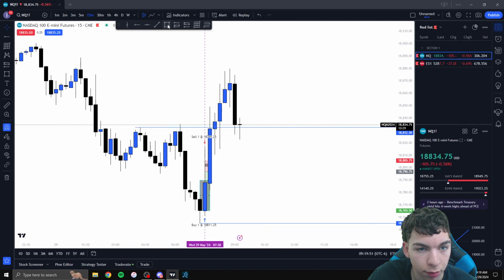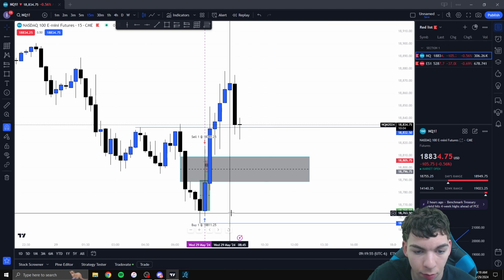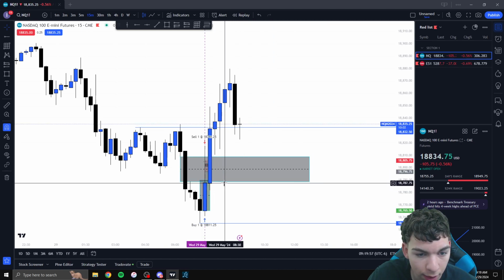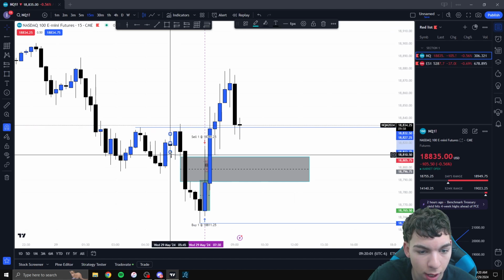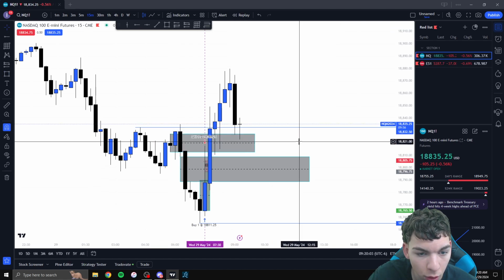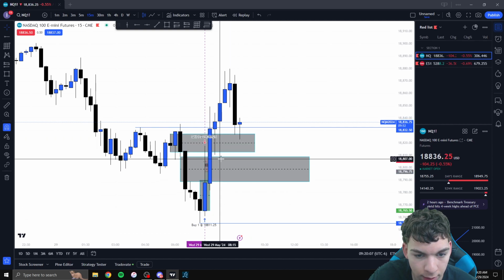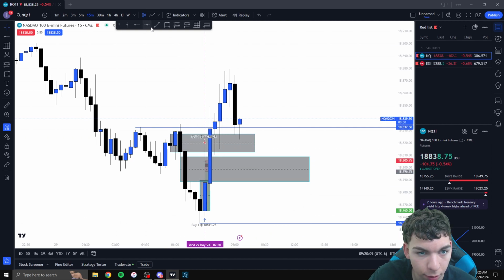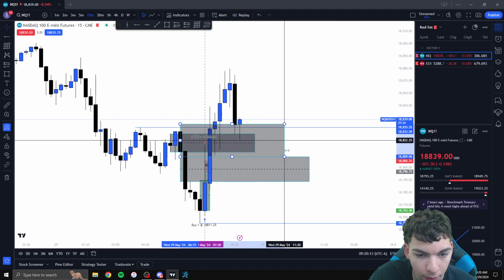I can mark it on the 15-minute, but I think we marked it on the 5-minute. I want to see it retrace into this fair value gap, and maybe even this breaker block and the order block as well. And price does that. Price actually does all three, I think, on the 15-minute.